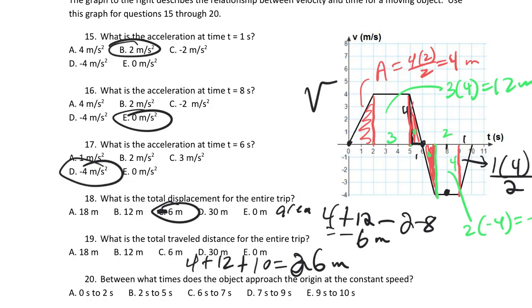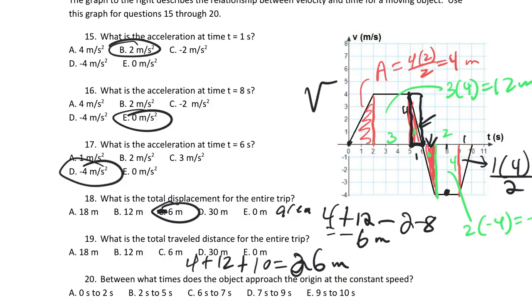Oh, I forgot. I had to add these two areas. They don't cancel out because one's not negative, so I had to find that. And basically, that's just like the area of this box because they fit together. So that'd be 4 times 1.